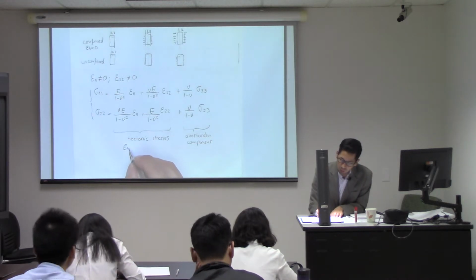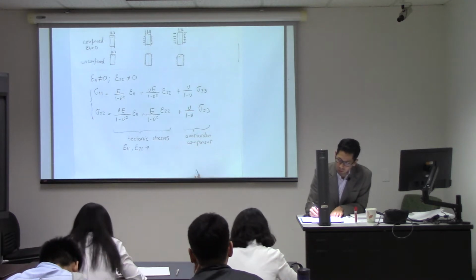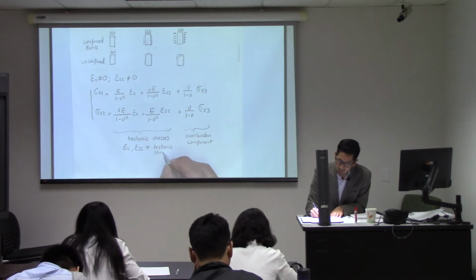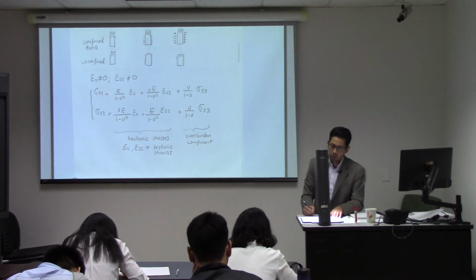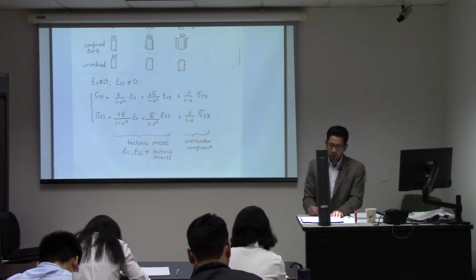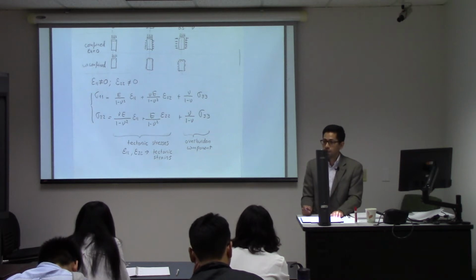And epsilon 1,1 and epsilon 2,2 are called tectonic strains. If you know the value of those tectonic strains, you can compute what is sigma 1,1 and sigma 2,2.